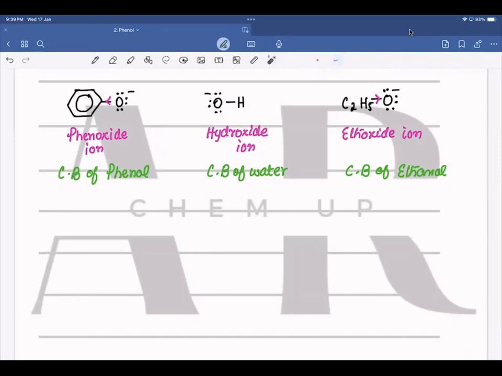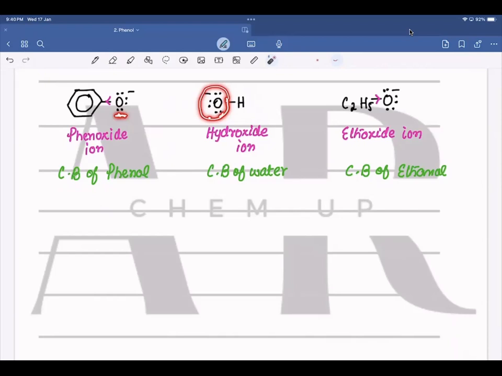And here, the negative charge density, or the availability of lone pair, is intermediate. It is higher than in phenoxide ion, because there it is decreased. So it will accept the hydrogen ion more likely as compared to phenoxide ion, making it a weaker acid than phenol.